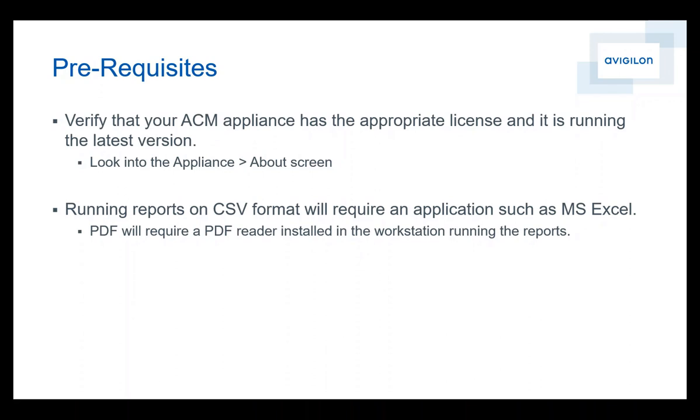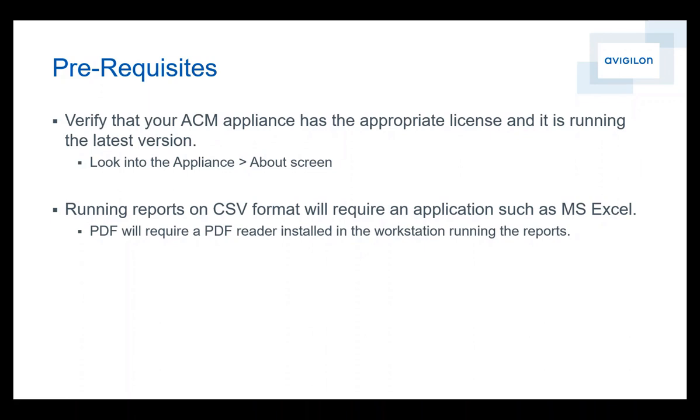If you're not sure, you can always go to our website, vigilant.com, under support, and take a look in software updates. You'll be able to locate the latest version of ACM. It's a free download. You can download that and update your system. Follow procedures to do the update. Any questions, contact tech support and they'll be able to assist you.